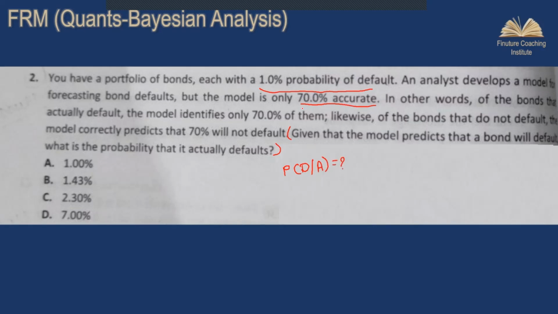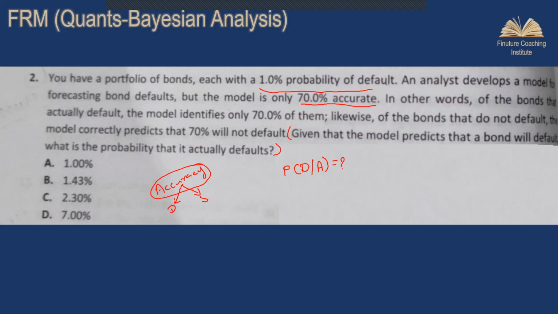So when we say it's 70% accurate, when I talk about accuracy, when it says it will default, it will default. When it says it will survive, it will survive. So the magnitude of this accuracy has been given as 70%.